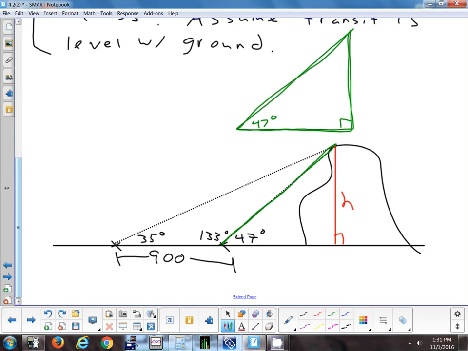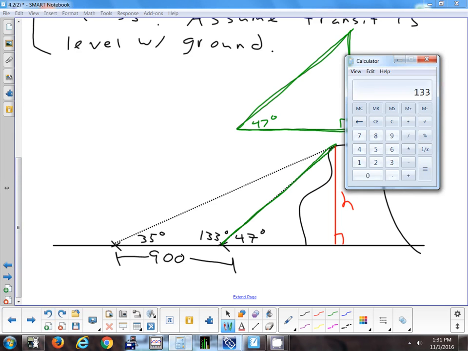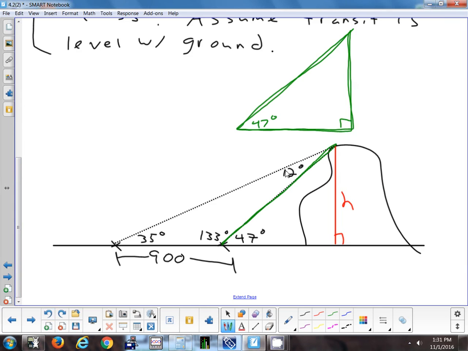Find the other angle. How can I get this angle right there? Add 35 and 133 and subtract it from 180. Yep, take 35 and 133, add those up, subtract from 180, and you get 12 degrees. Now I've got an angle and what's across from it.